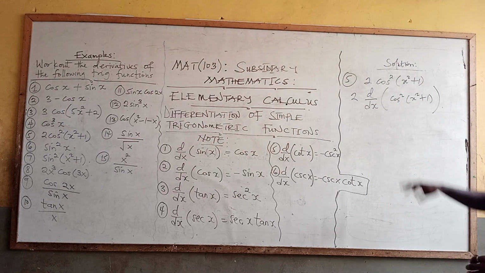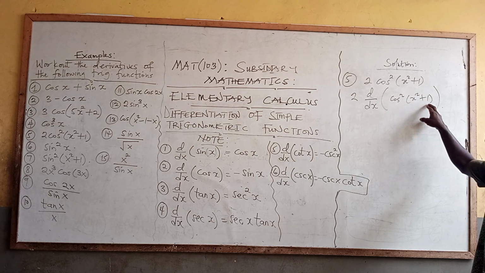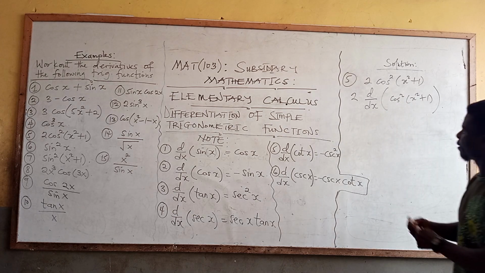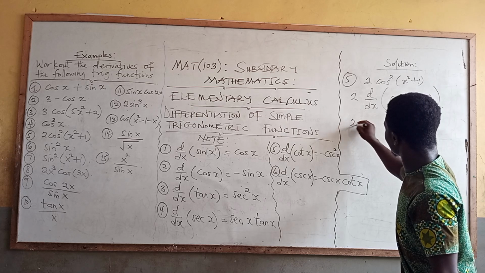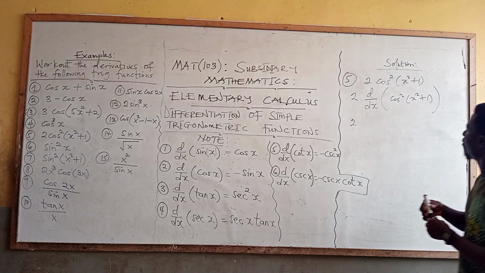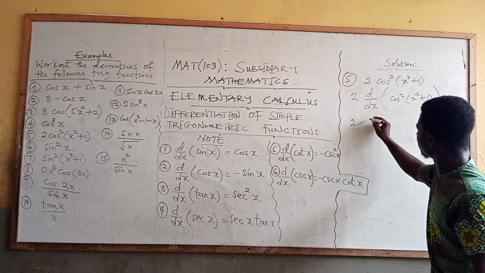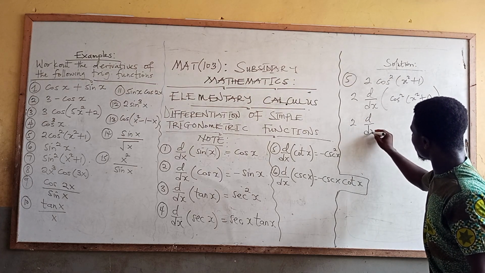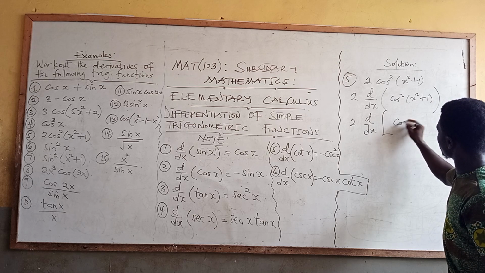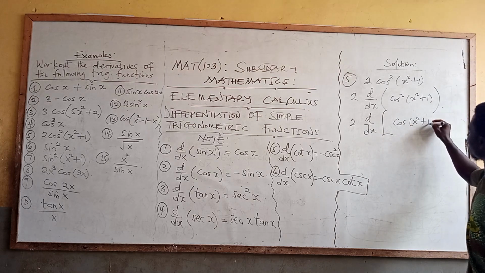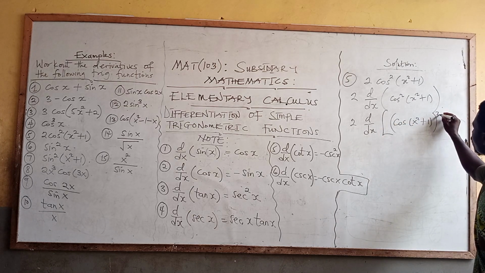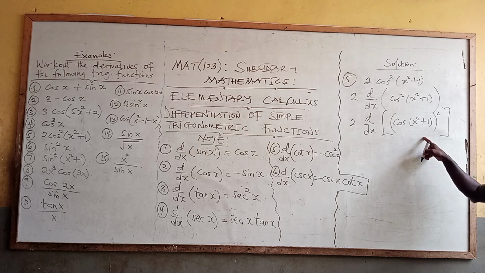Let's see, how do you differentiate cos squared x squared plus 1 with respect to x? Now let's see. So I have 2. Now, this cos squared x squared plus 1 can be written as what? I still have my dx. It can be written as cos x squared plus 1 all squared.